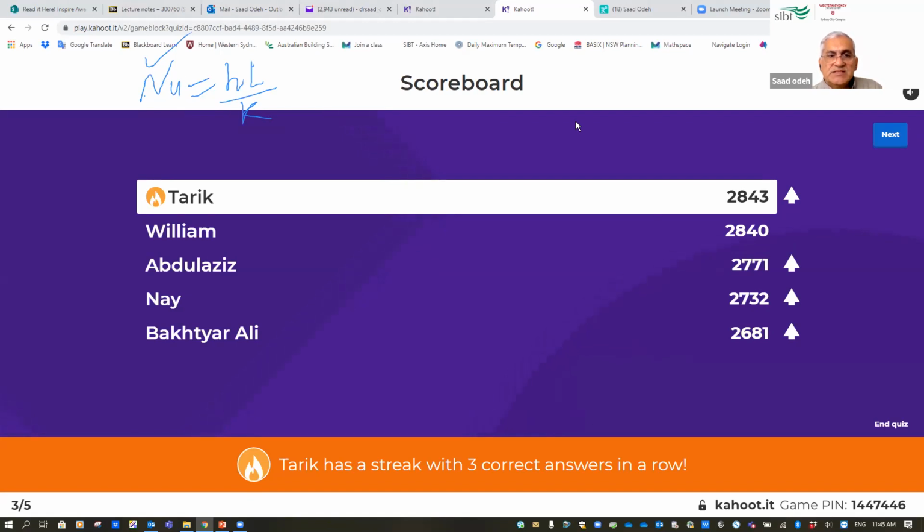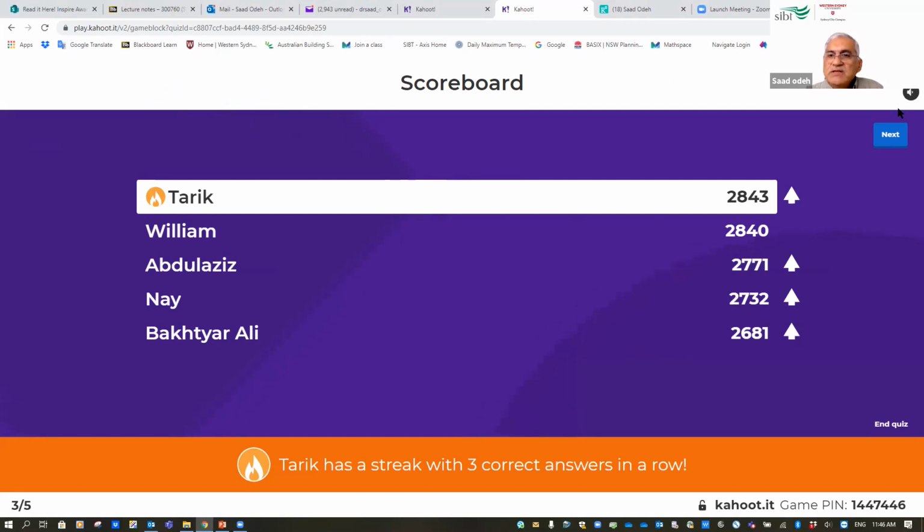Please write down the Nusselt number from the previous step, the correct number, and then we're going to find H from here, right?